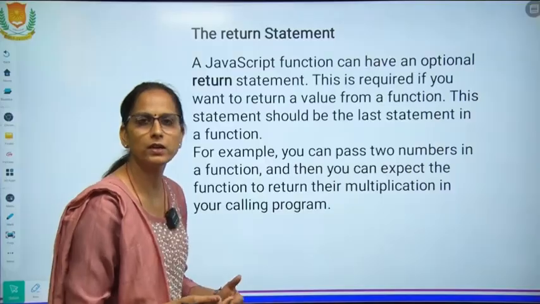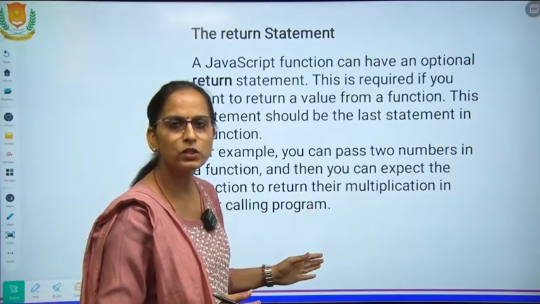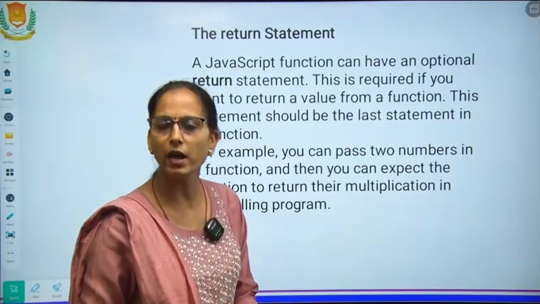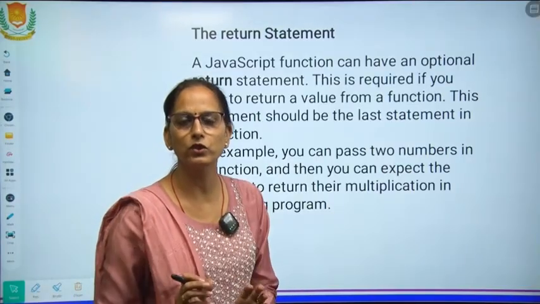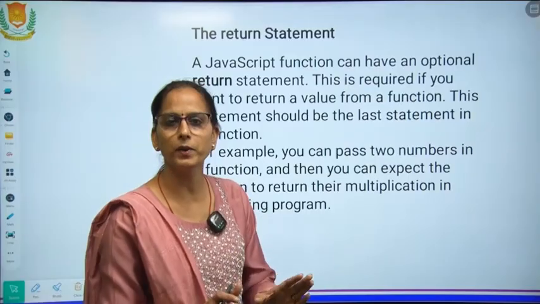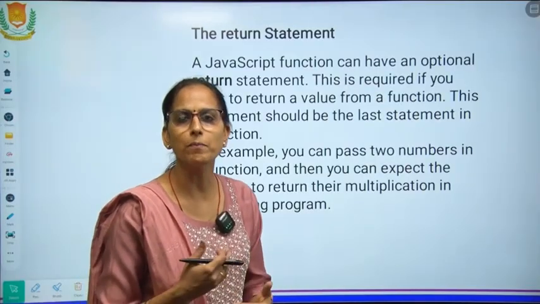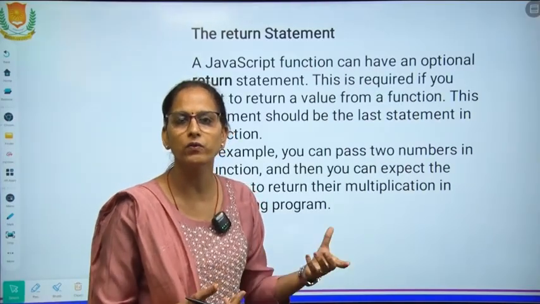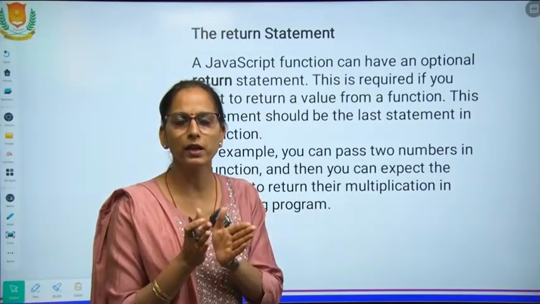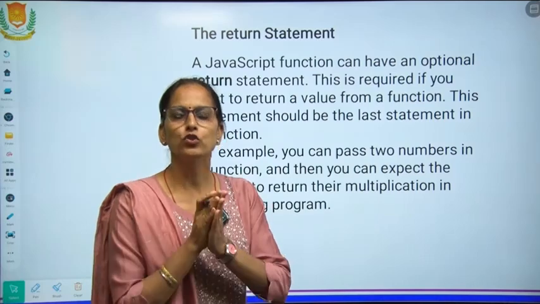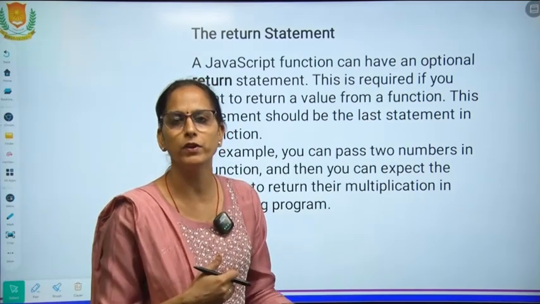Now we have the return statement. In this function we are only printing the argument, the name and the age of the student given there, and it was printed on the screen. Now there are some mathematical functions, like the concat function. You will give two strings, their concatenation will be done, stored in a variable and given to you.